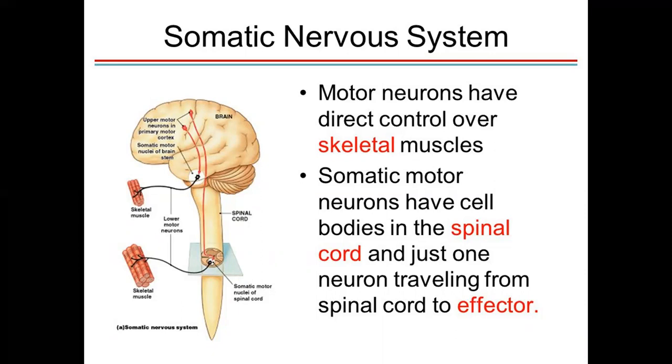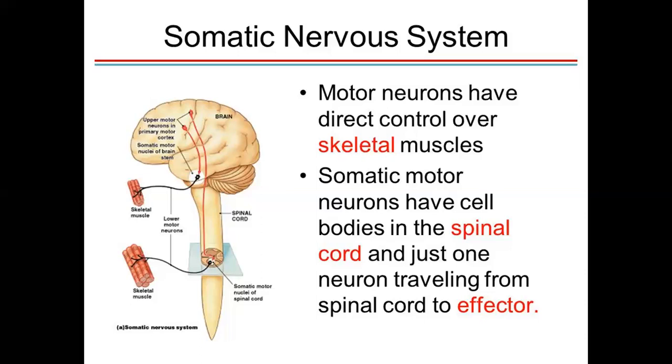Somatic motor neurons have cell bodies in the spinal cord and just one neuron traveling from the spinal cord to the effector. Is it clear? The somatic nervous system consists of all motor neurons. That's why all voluntary actions are controlled by the somatic nervous system.